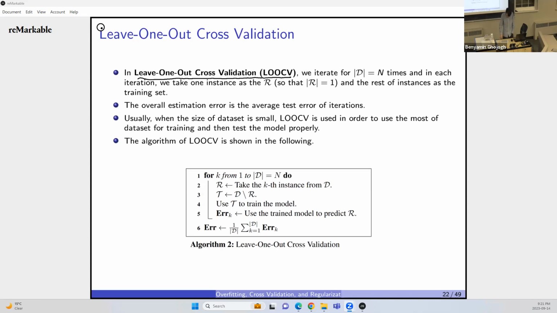Simply, it means that whatever number of data points you have, let's call it n, we'll have n iterations or n folds. In each iteration, you take one of the points as a test and the rest as training. Hence the name leave one out cross-validation. And then you report the average error again.